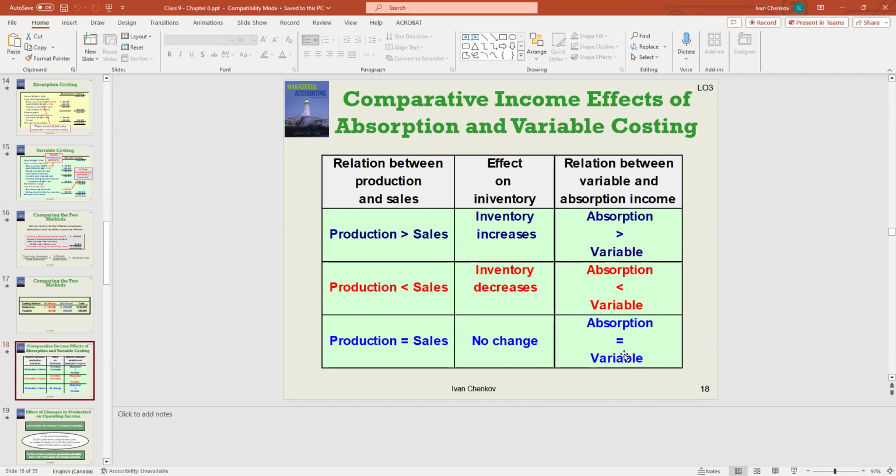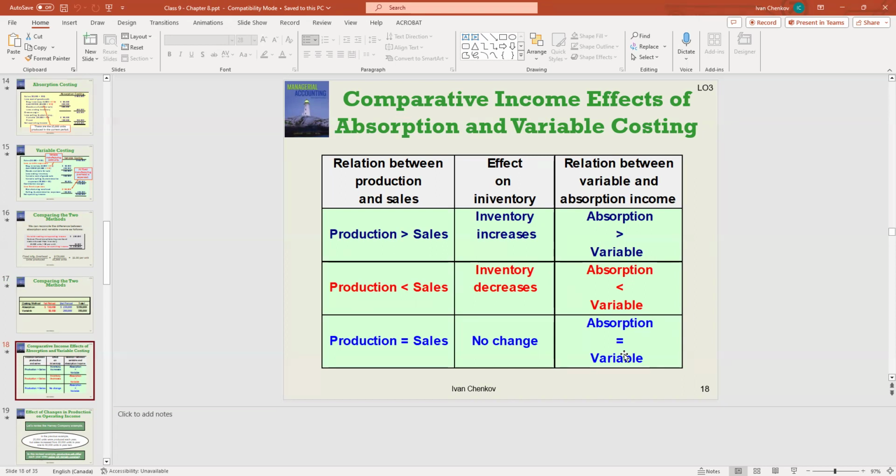But if you're producing more than you're selling, then your inventory is going to increase. As long as you're increasing the inventory, absorption is going to hold more cost in the inventory.